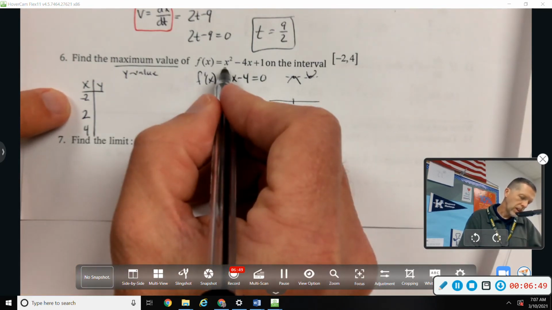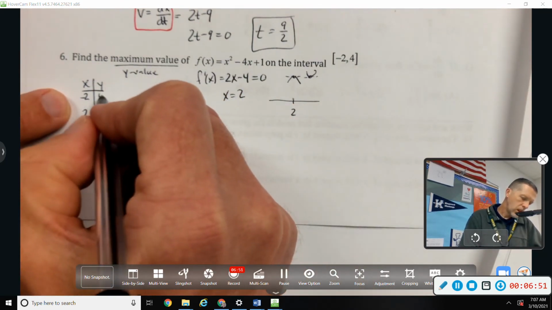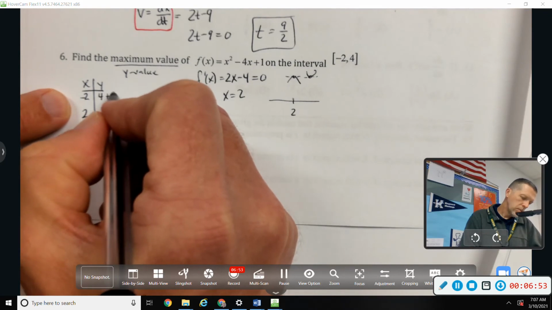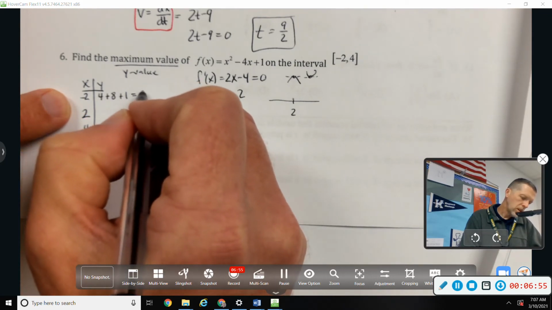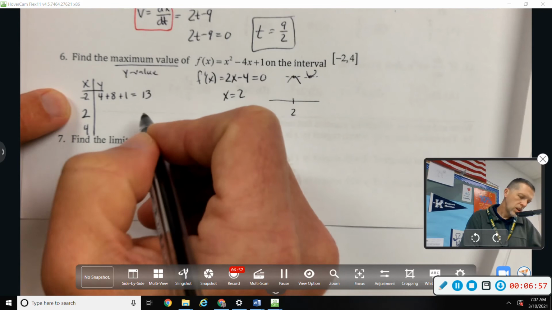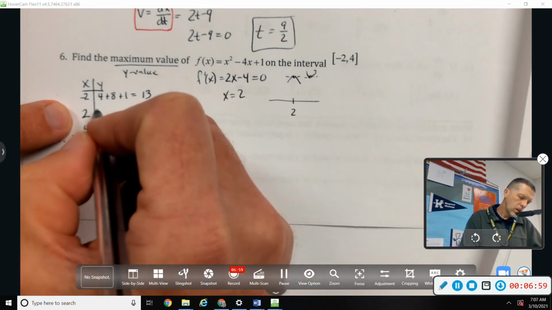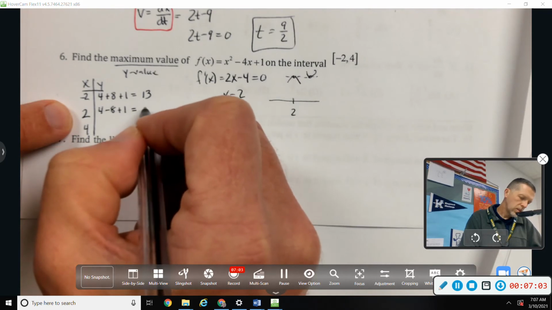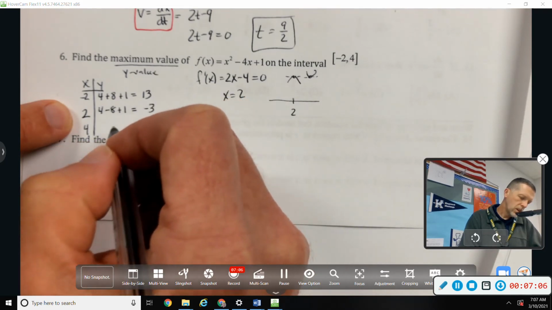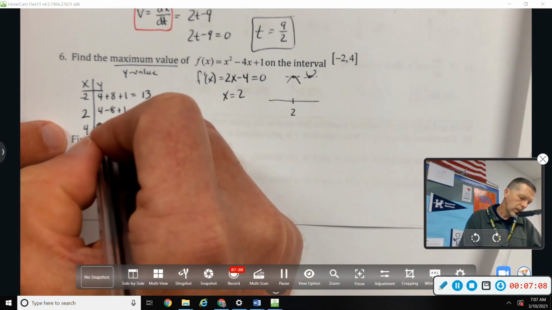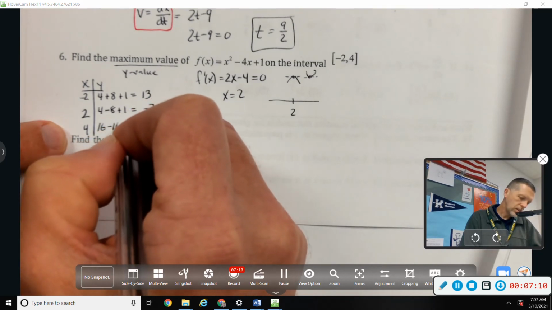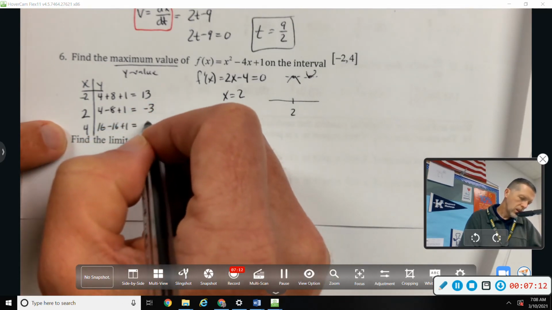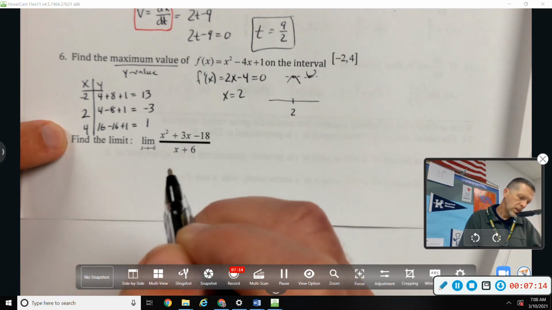So if I plug in -2, I get 4 plus 8 plus 1 be 13. Plug in 2, I get 4 minus 8 plus 1, so that'd be -3. Plug in 4, I get 16 minus 16 plus 1, so that would be 1.